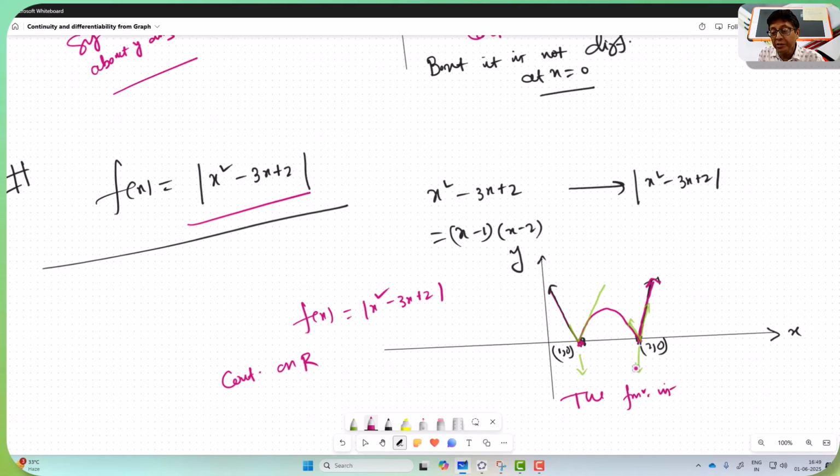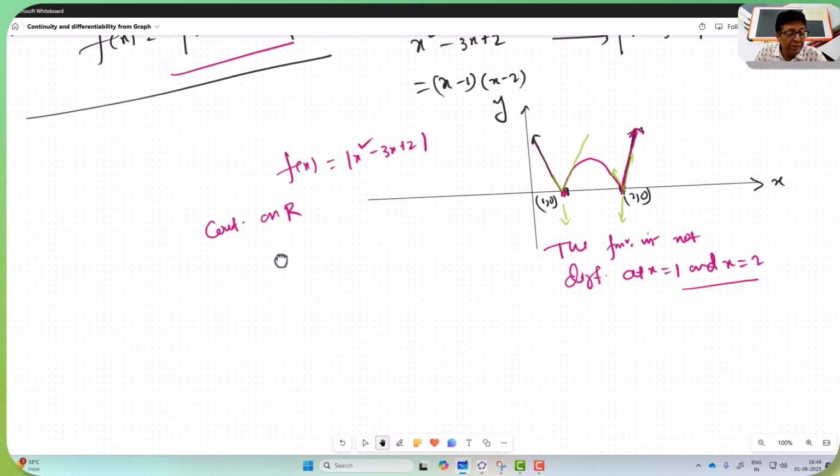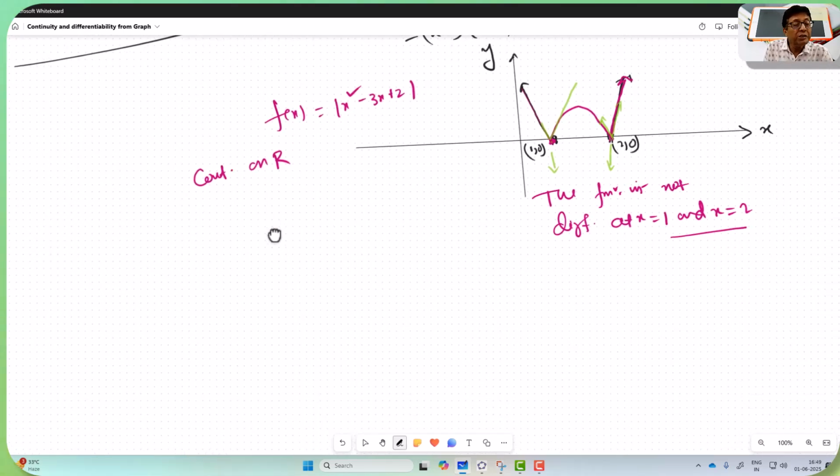The function is not differentiable at x equal to 1 and x equal to 2. Clear? Hope you have understood. Let us practice a few more sums on it. Suppose you are going to decide the continuity and differentiability of the function log of mod x.